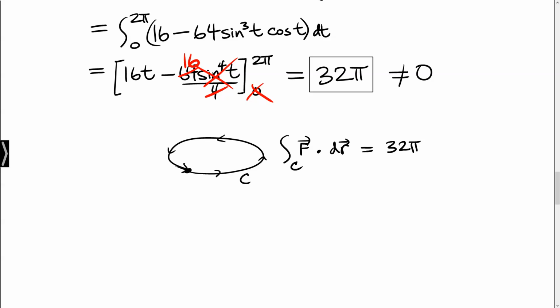Now, what I'm going to do is, let's say that by the time I got over to pi, let's say this was at t equals pi, why don't I split this up? And so actually c1 is going to be from 0 to pi, and then let's say c2 is from pi to 2 pi.